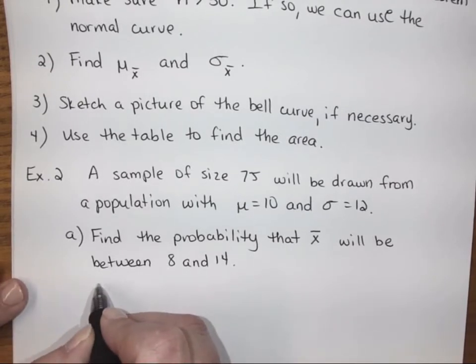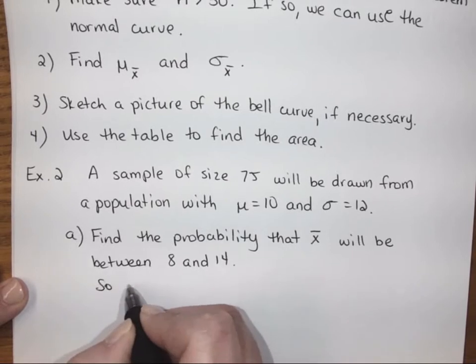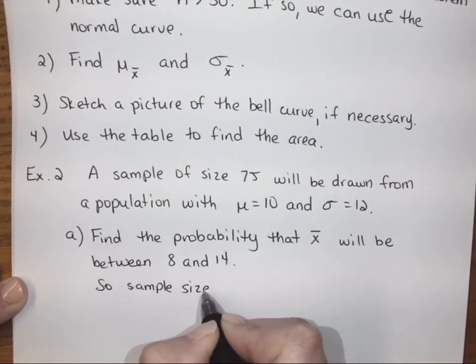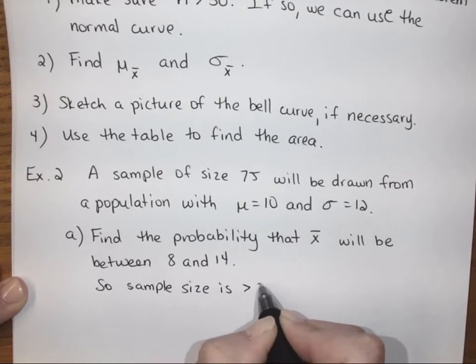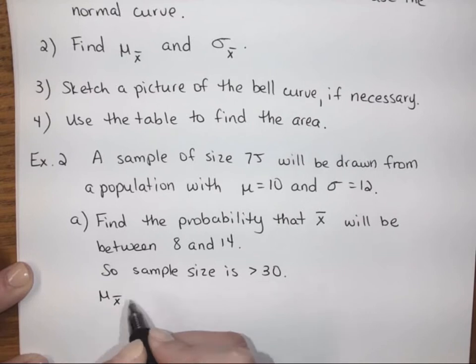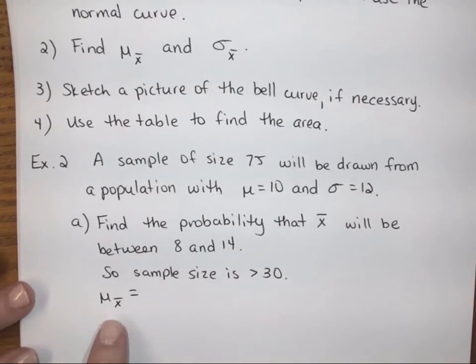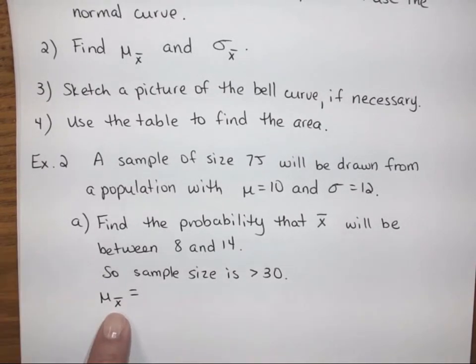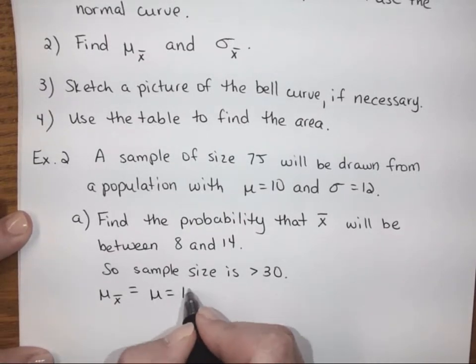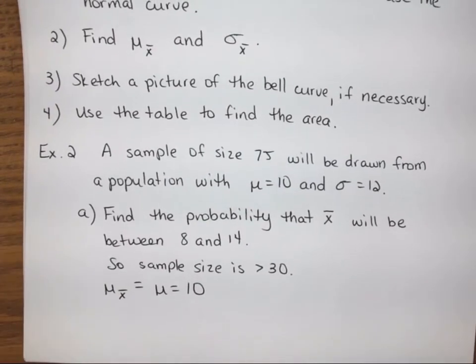All right, first requirement is you need to make sure that the sample size is greater than 30. And it is, right? 75. Okay, and once it is, you can determine what we can expect the mean to be. So the mean of the sample means, basically, is going to be the same as the overall population, or 10.